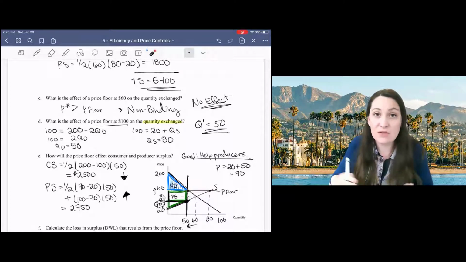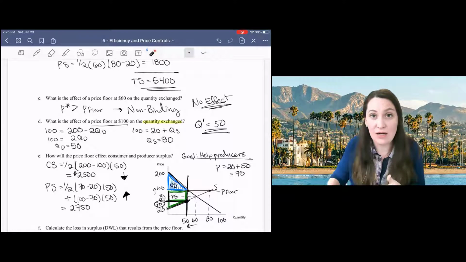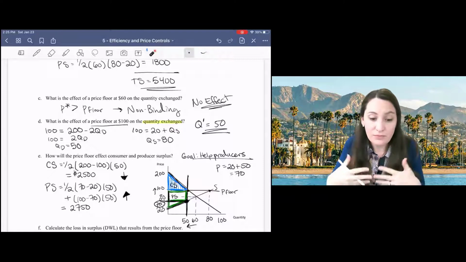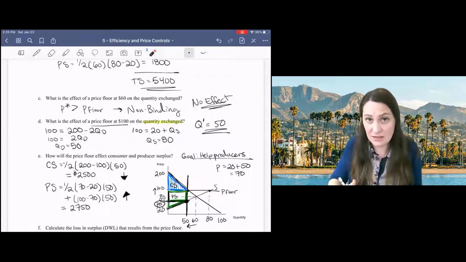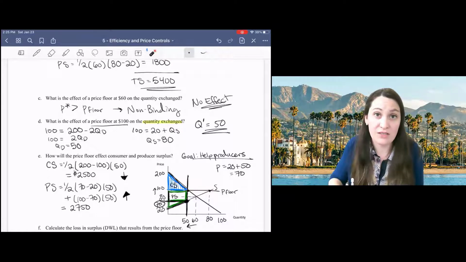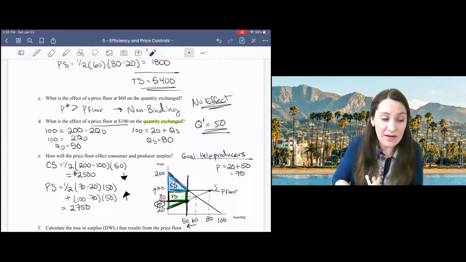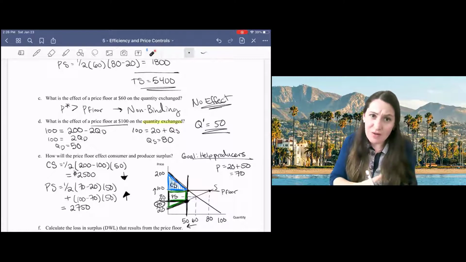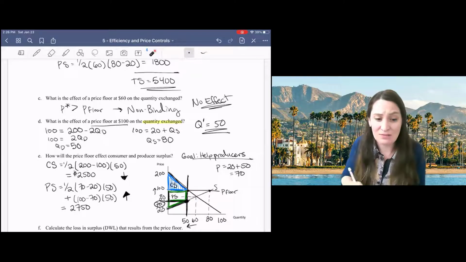And we see this with all price controls, that even though we're trying to increase the price in order to help producers, there's always some unintended consequence of that when we do that through price control regulation. All right, so on net, bad for consumers, good for some producers, maybe bad for other producers if they're unable to participate in the market.